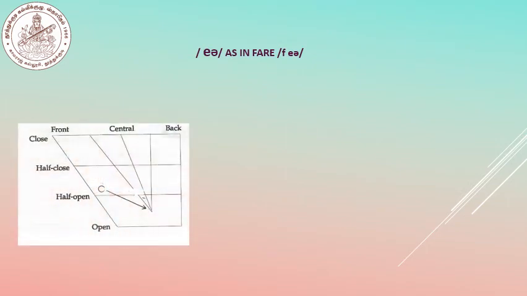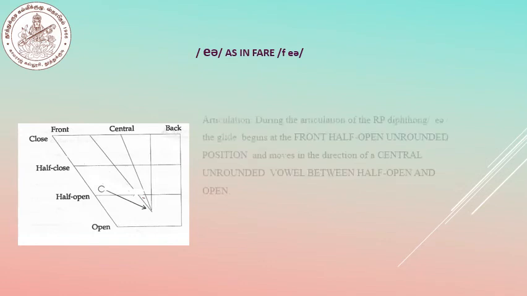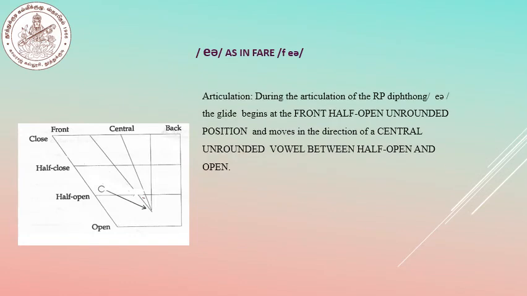Fair. Here we do not stress on that R, and that is why this R also is considered as a vowel when it blends with the other vowel sounds. Here what happens is, during the articulation of the received pronunciation diphthong the glide begins at the front half open unrounded position and moves in the direction of the central unrounded vowel position between half open and open.